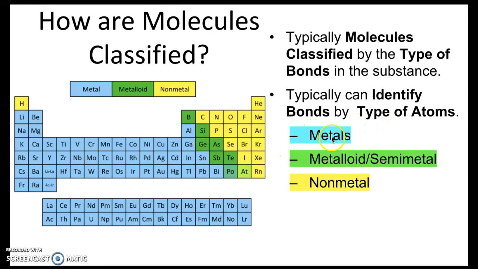So metals have all metal atoms for the most part. Metalloids and semimetals are found in this part of the periodic table. And then you have your non-metals, which are found to the right. This is something that's super important to know about where the metals are and where the non-metals are, because that's going to help you to understand and explain properties.